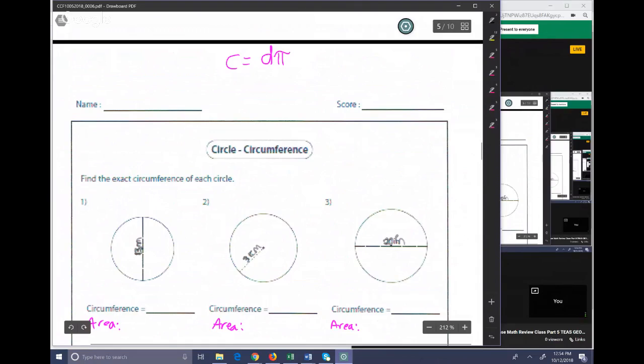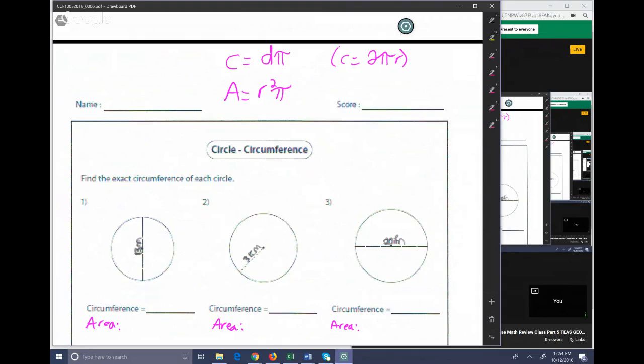If this is the first time you're seeing geometry, I strongly recommend using the formulas the way I've got them here. So the other formula for circumference is 2 pi r. If your memory of circumference is 2 pi r, you are just headed for disaster, because a 2, a pi, and an r is what the area formula has.